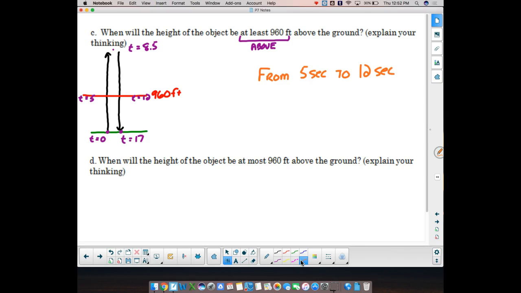In interval notation, that would be 5 to 12. In words, interval, inequality. Whichever way you want to answer.